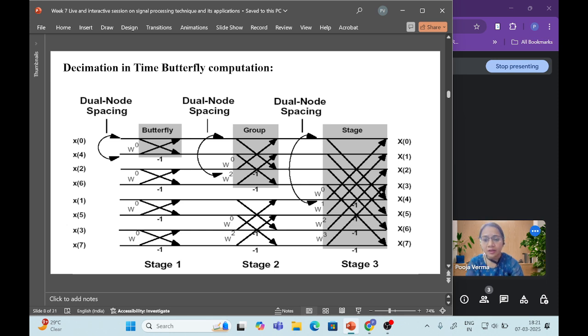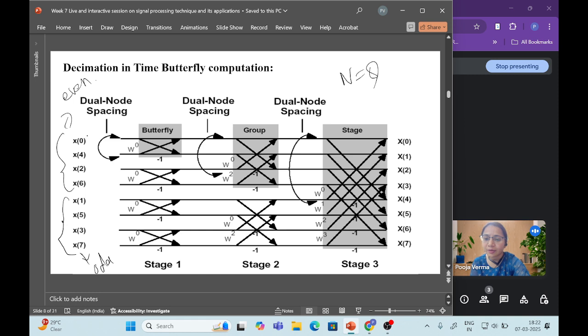Here N is equal to 8, so we have taken 8 points. You can see that the lower part is the odd part and the upper part is the even part.